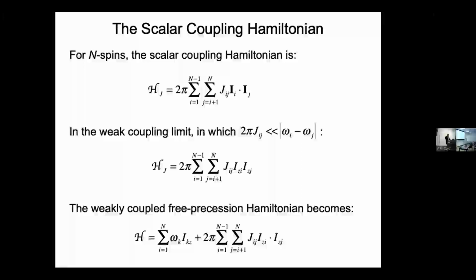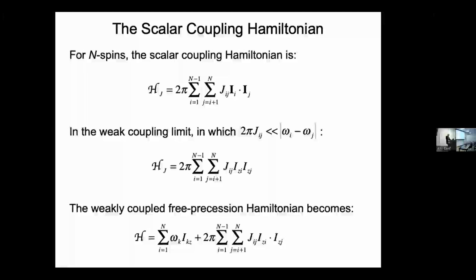Anyhow, then in the rotating frame, this is a time-independent Hamiltonian. So we know the solution of the Liouville von Neumann equation. But there's one super important fact here that makes being in the weak coupling limit so simplifying for calculations.